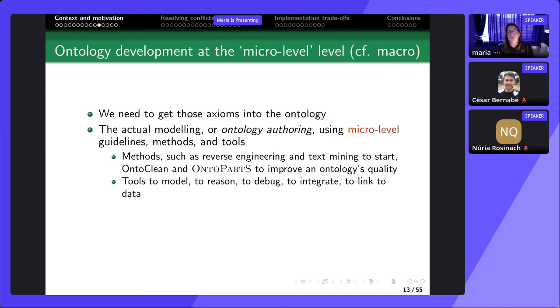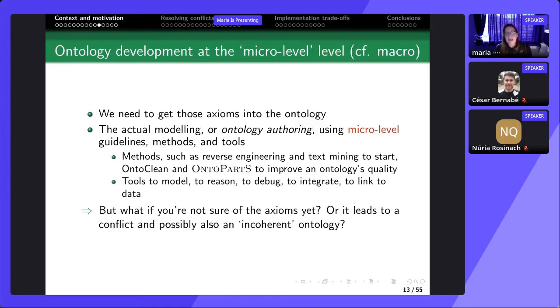Or with OntoParts, to be able to choose the most appropriate part-whole relation that you would need to improve the ontology's quality to be as precise as you can. And there are further tools to model, reason, debug, integrate, link the data, and so on and so forth. But that is all if you know what you want to put in your ontology already and you just want to do it well, and improve the quality of the ontology.